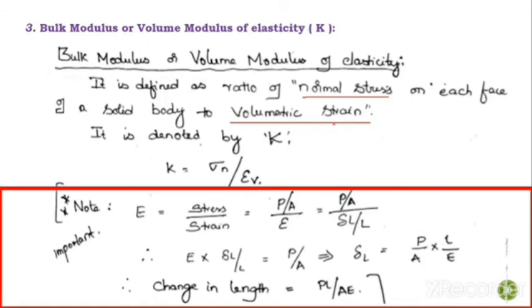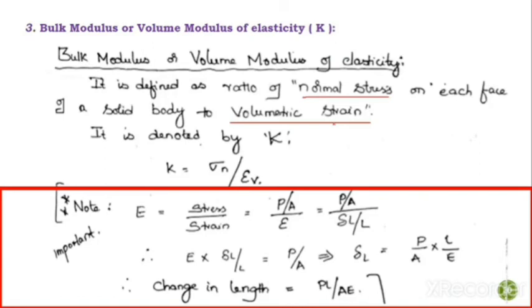But if a stress is applied on a body in all three directions, then each and every dimension is going to change, and the summation of strain in each direction gives the volumetric strain.